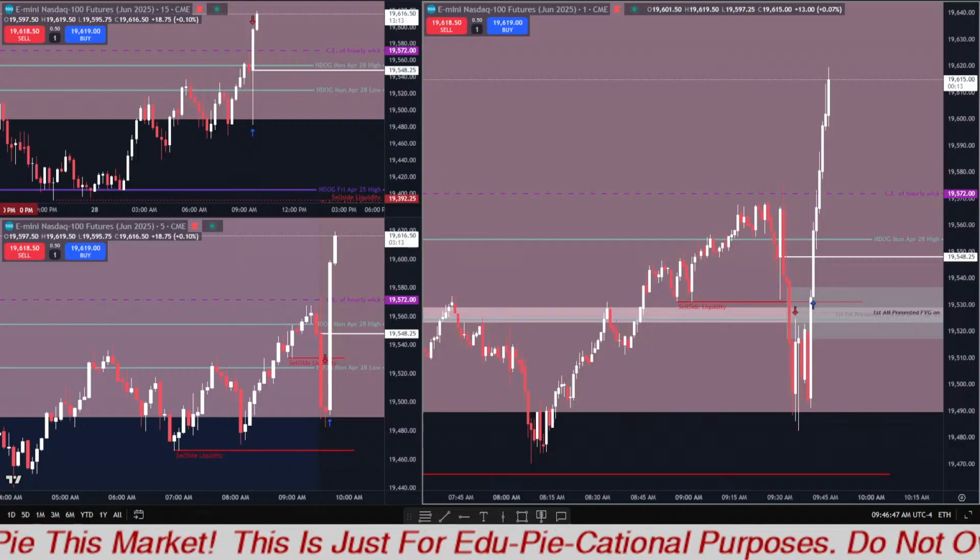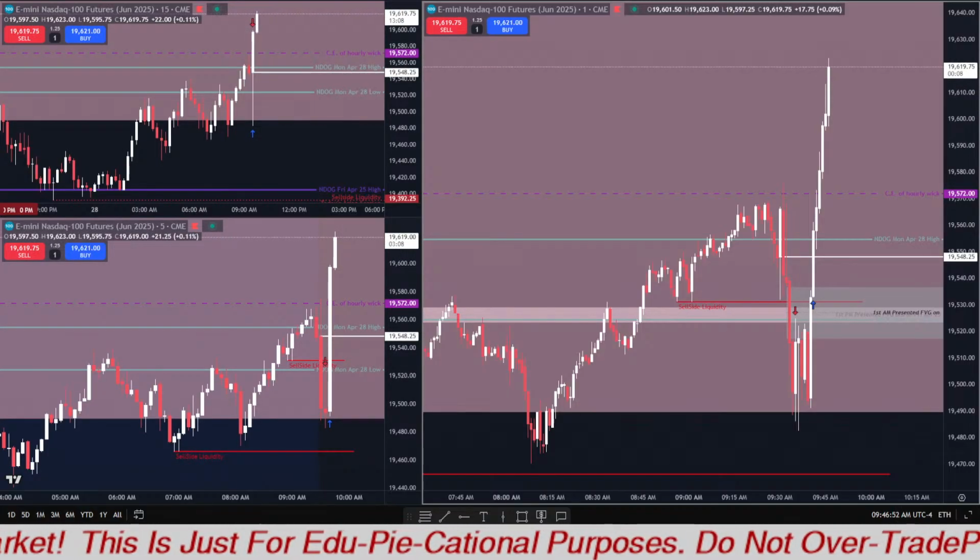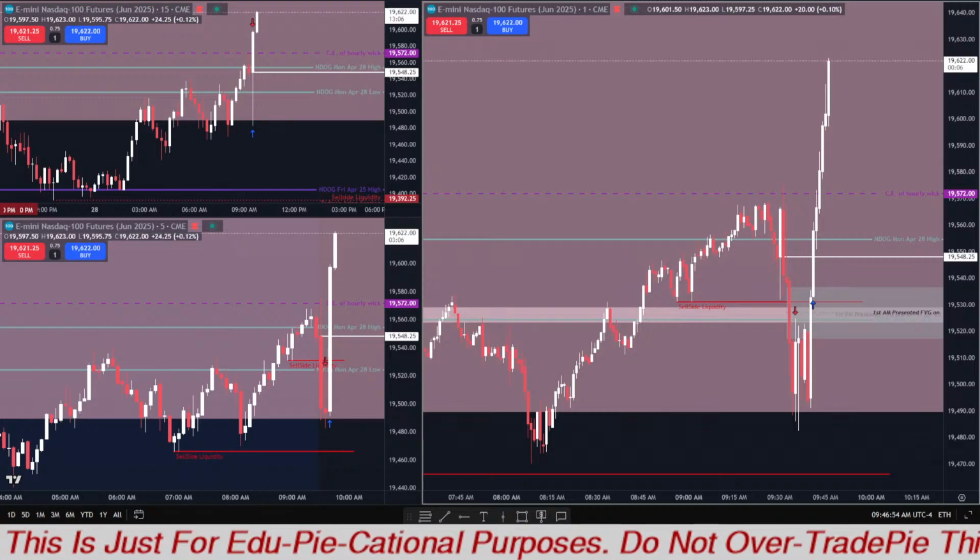The market is now still going higher and higher. We have to be patient for kind of retracement.